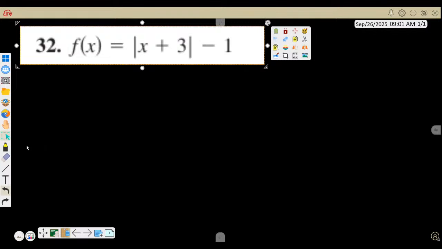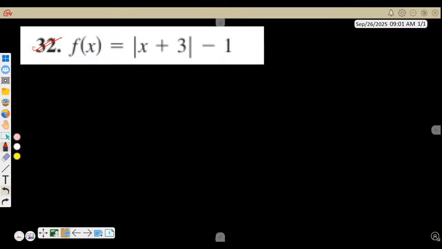Number 32. This is a mod function. How will you do the derivative of this? Because for the derivative of a mod function, we do not have any formula. So you have to make the piecewise function of this modulus. Do you need help or do you want to try?